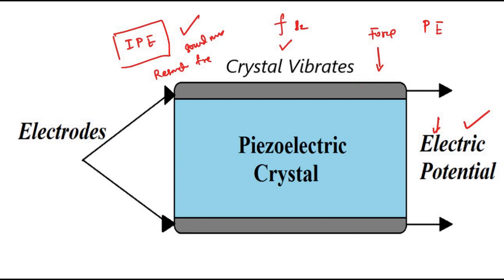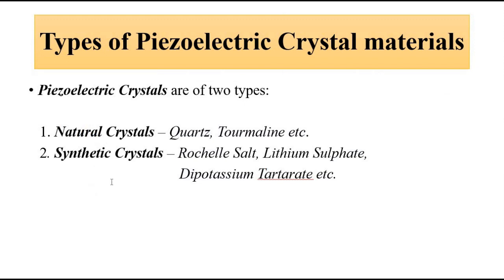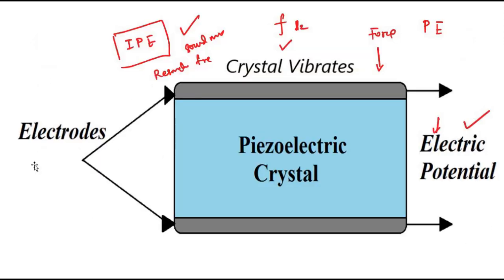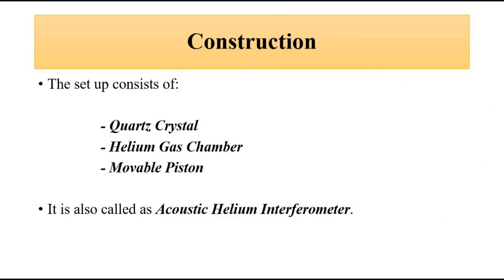Each piezoelectric crystal, whether artificial or natural, has a certain resonant frequency. Here we are using a quartz crystal. We keep on applying the potential till it reaches its resonant frequency, and that is used to generate the acoustic wave.